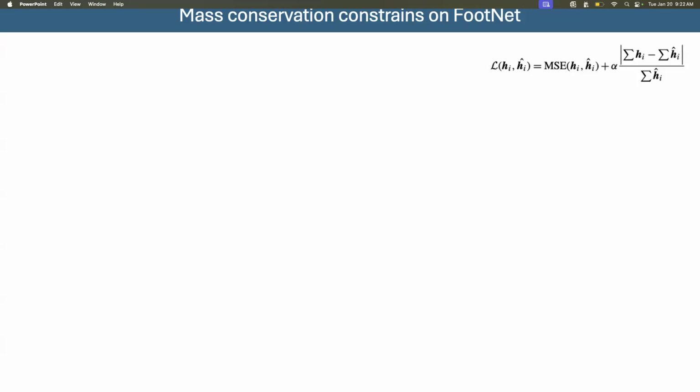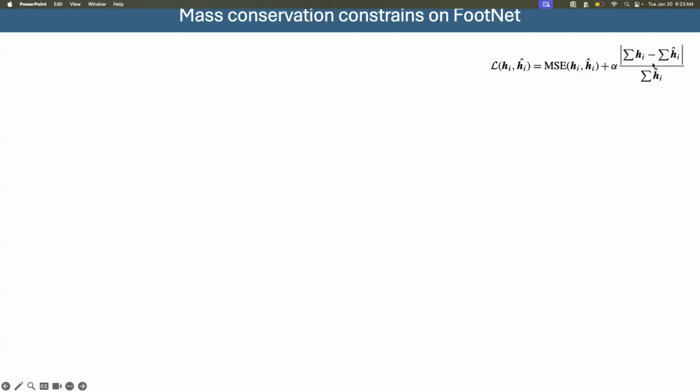What we did was sum over all of the footprint values in our predicted footprint, then looked at the mismatch with respect to the ground truth, and normalized it with respect to the ground truth. Then we added this term to our loss function along with the mean squared error, and used a penalty term, alpha, to scale this second term.